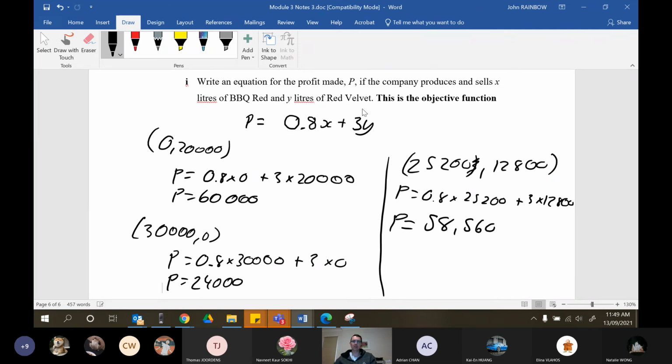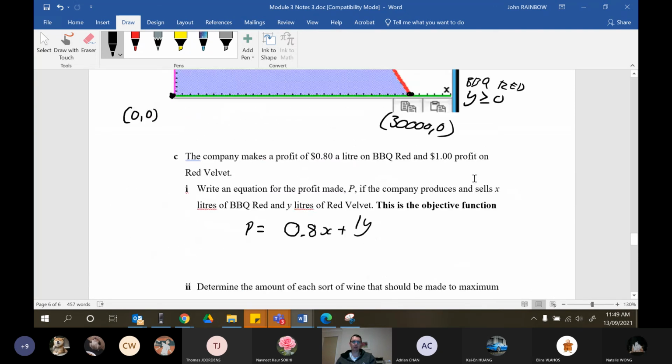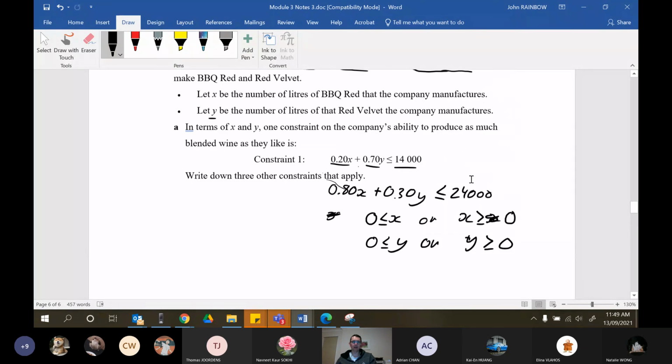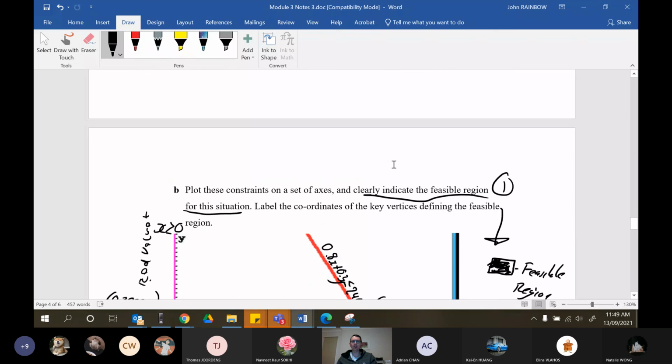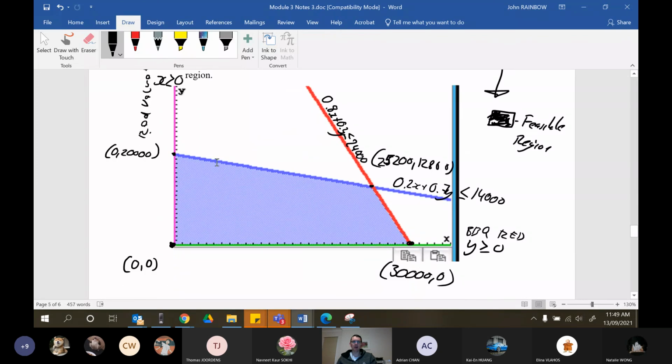If I'm not making as much money from the barbecue red, I would want to change my setup in my winery to produce more litres of the other. If we go back to Y, I'd probably want to produce more Cabernet and less Shiraz. So I want to get rid of my Shiraz fields and grow some more Cabernet. So don't always think that that point's going to be a maximum.